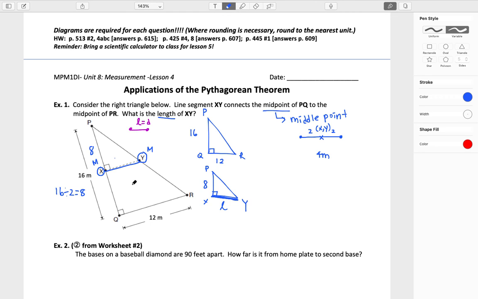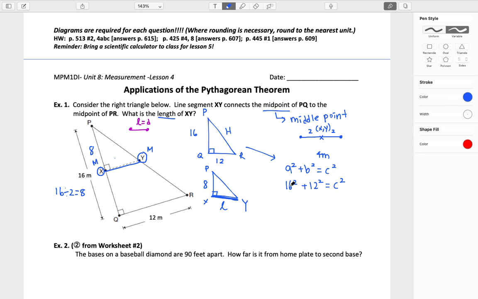Good. So to find XY here, we need to know the two lengths, 8 and PY, but we don't know PY. So what we can do is work on the big triangle first by finding the hypotenuse here. So for this one, it's going to be a squared plus b squared equals c squared. So 16 squared plus 12 squared equals c squared. We're looking for the hypotenuse, c.